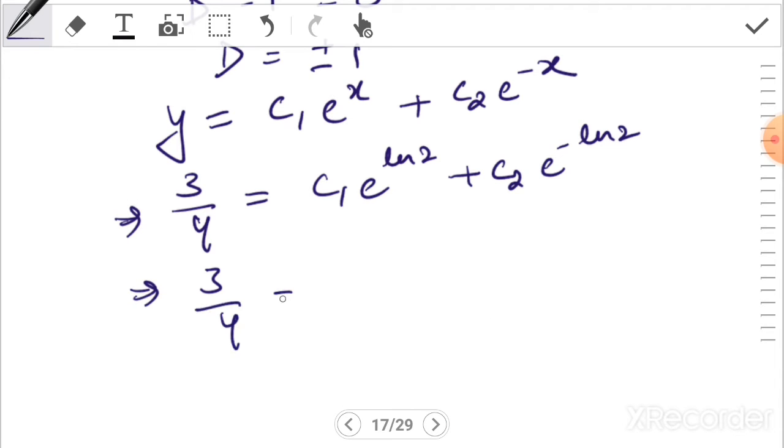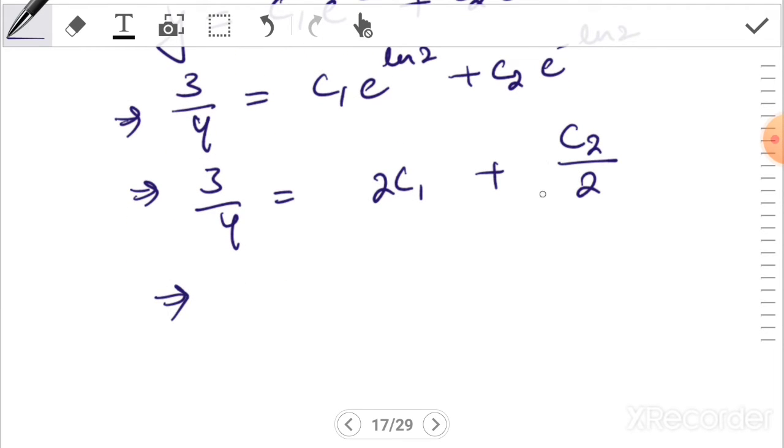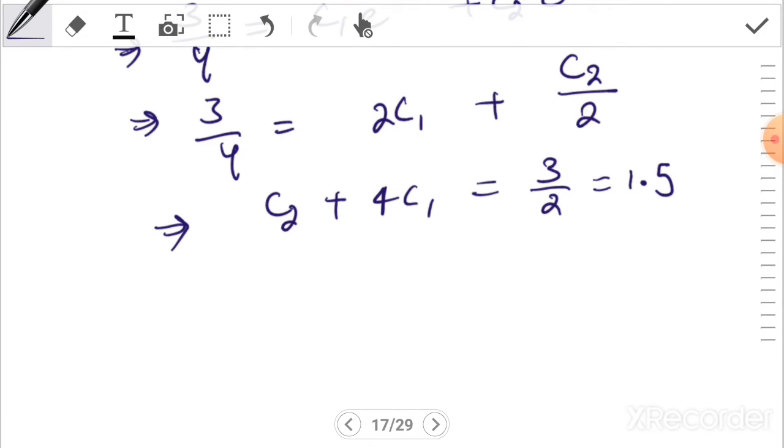That gives 2c1 plus c2 by 2, and c2 plus 4c1 is equal to 3 by 2, that is 1.5, right?